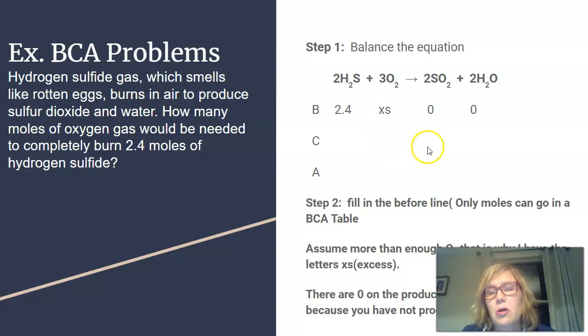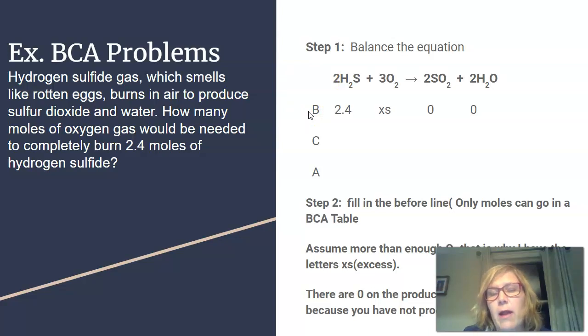Now, you should also see over here on the product side, I have zeros. So let me explain the before line. The before line is what's in your pantry. So I want to go back to cooking. The balanced equation is your recipe. The before line is what's in your pantry.